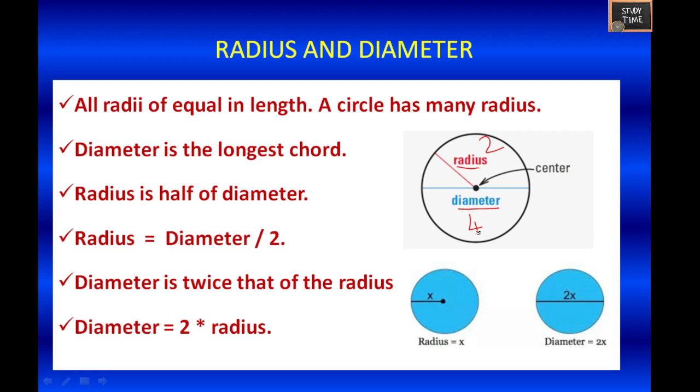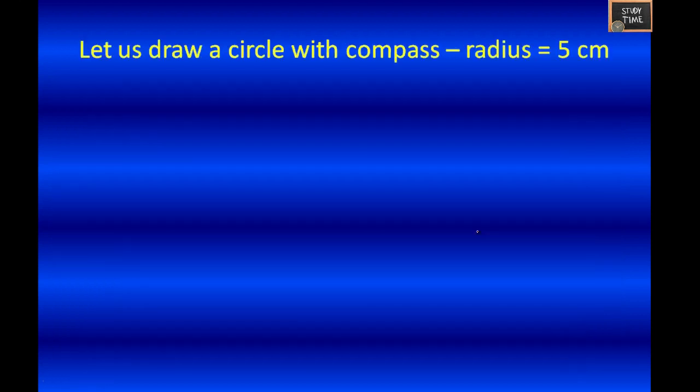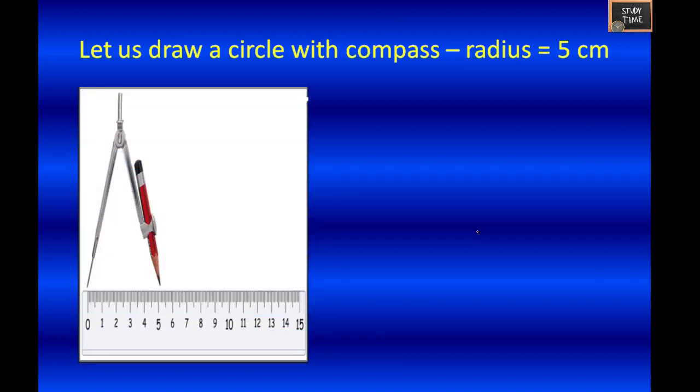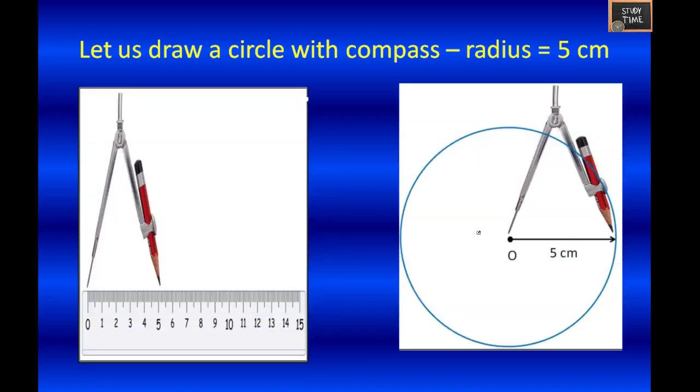When radius is given, you can find the diameter. When diameter is given, you can find the radius. Next, let us draw a circle with a compass, radius 5 cm. So you can take a compass and draw a 5 cm radius circle.